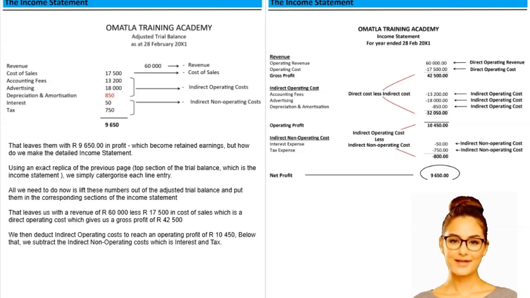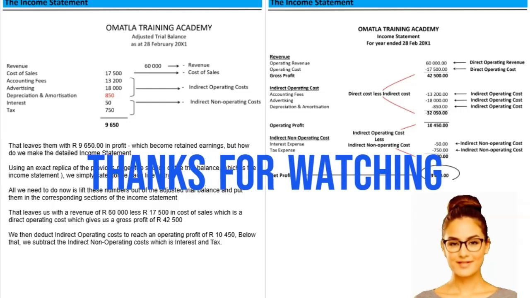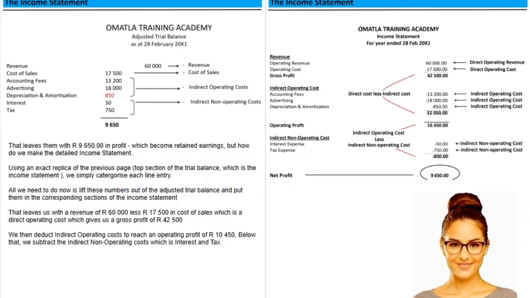We deduct indirect operating costs from our gross profit to reach an operating profit of 10,450 rands. Again, once we have properly categorized our indirect non-operating costs, which is interest and tax, we subtract that amount from the operating profit or loss. That leaves Omatla with a net profit of 9,650 rands.